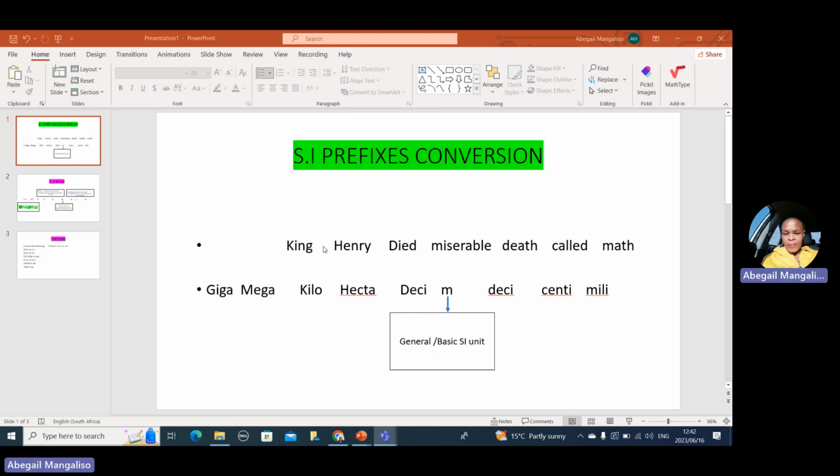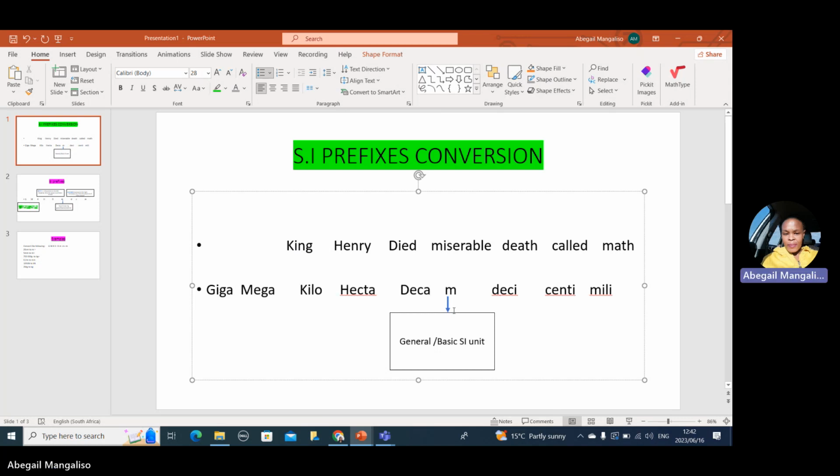So if you take the first letter, King, the K stands for kilo, only the first letters. H of Henry stands for hecto. Died is for deca.